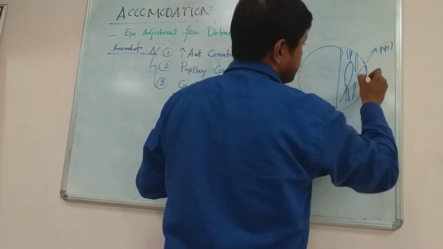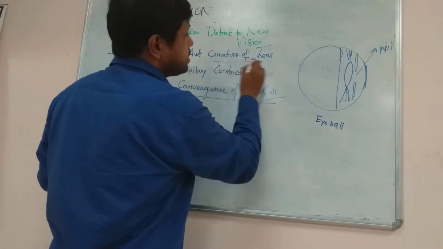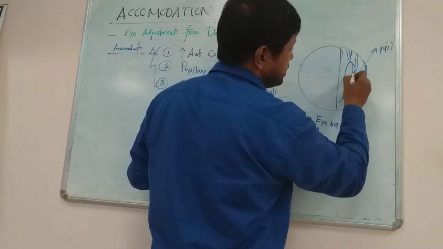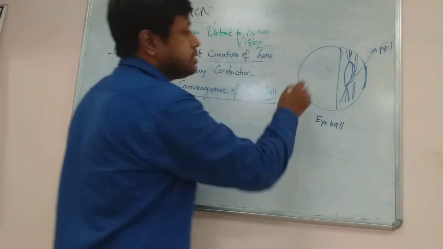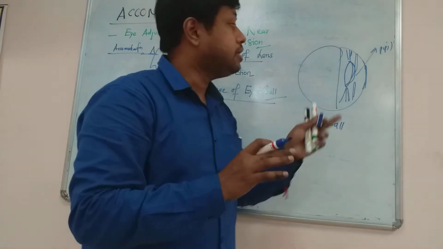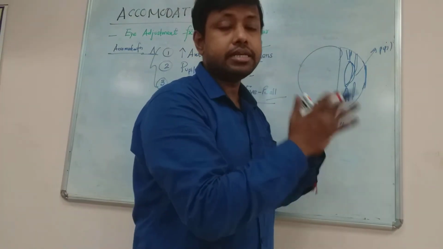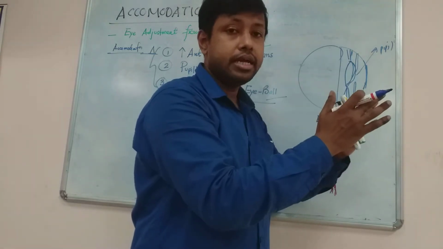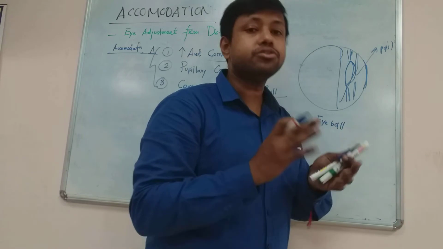This is the anterior curvature. This is the cornea. So when the anterior curvature of lens increases, it means what? If the lens becomes increased like this, what will happen? If the anterior curvature of lens increases, the convergence power of the lens will increase. Means it will try to converge more of the diverging rays that are coming from the near object, so that the light after being convergent falls on the retina.